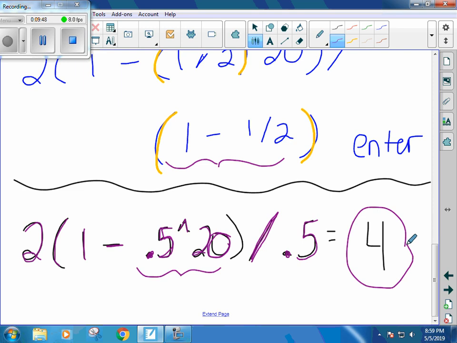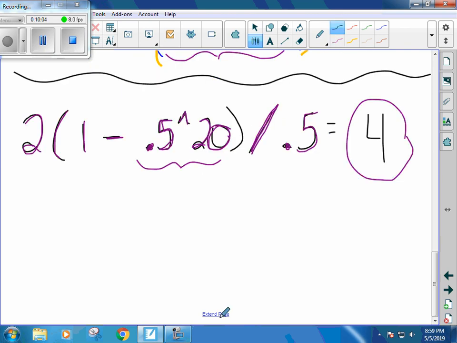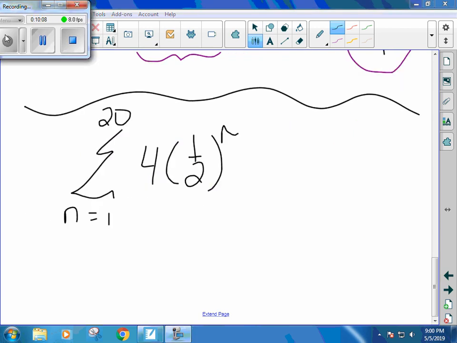Okay, so that might seem strange because it's such a small number for adding a series together. But let's take a look at maybe 4 terms and see what's happening with our terms. Here was my original problem. Okay, we did our first term, where I substitute 1.